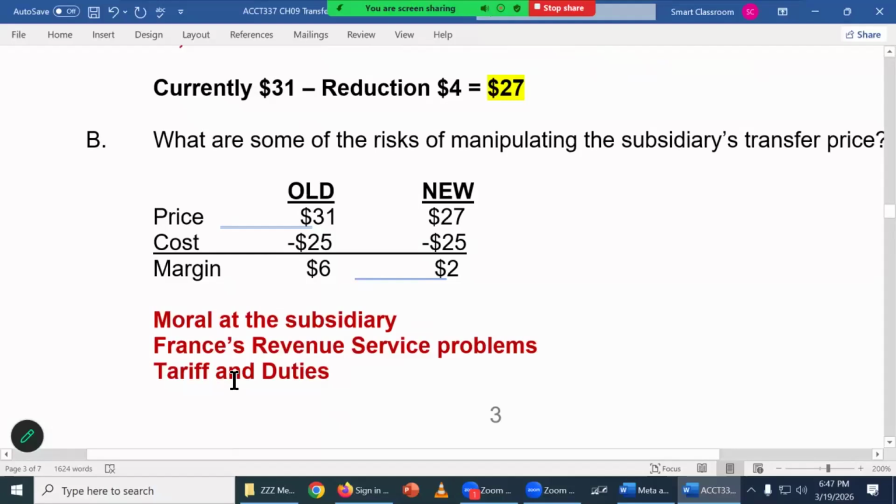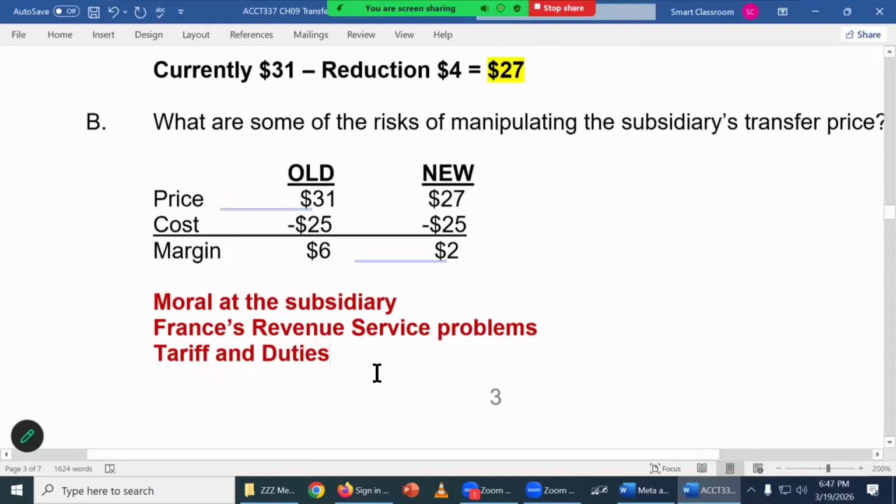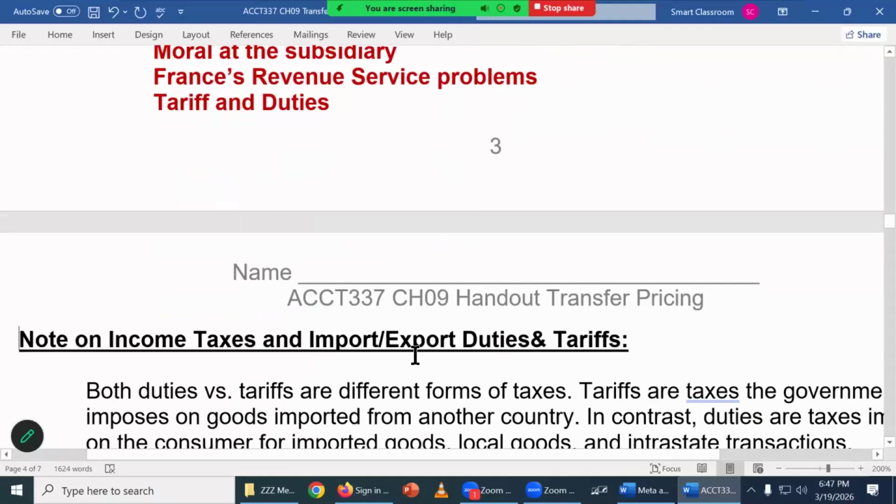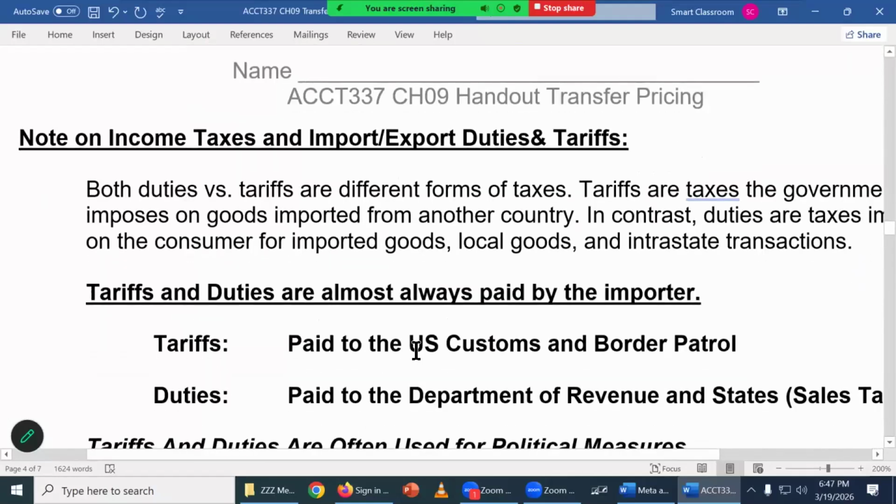The revenue service comes and says, no, you're avoiding taxes. You're decreasing their margin by 60% or whatever. Or they can just simply slap tariffs or duties on it if they don't want to go through the courts. Okay. Tariffs and duties.